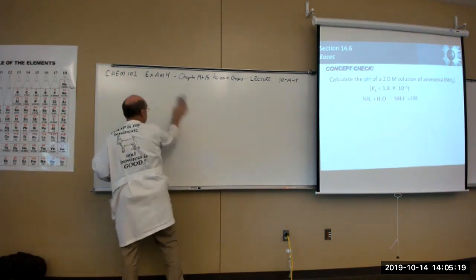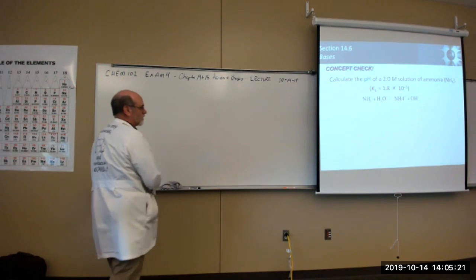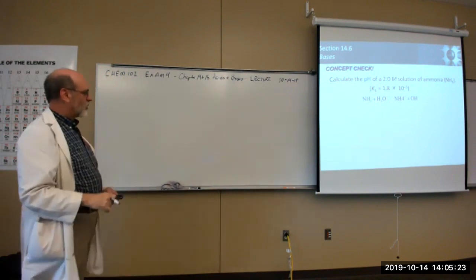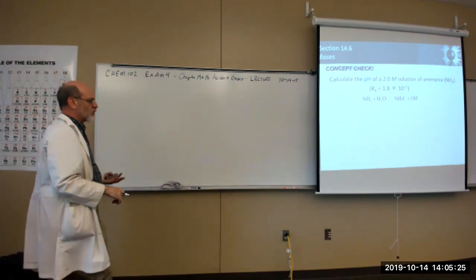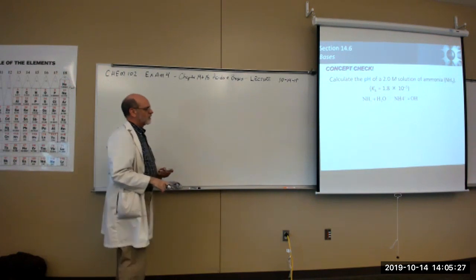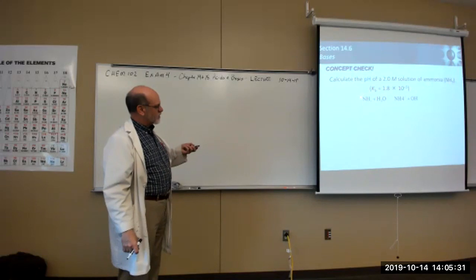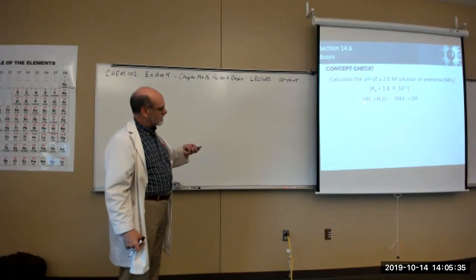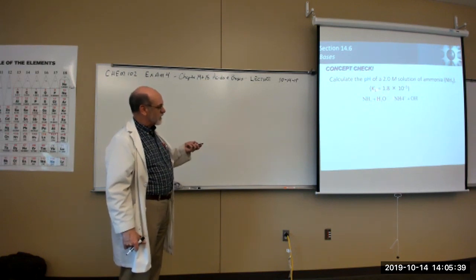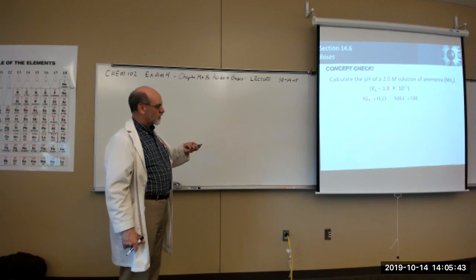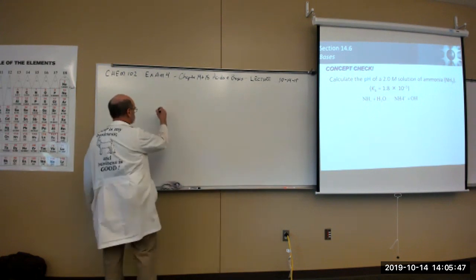So we're going to deal with ammonia in solution. So what are the major species? When ammonia goes into solution, we know that the Kb value for it is this. So it's a base. It accepts a proton from water. So that means this Kb value is appropriate for this expression. We just have to write what the expression is. Right?